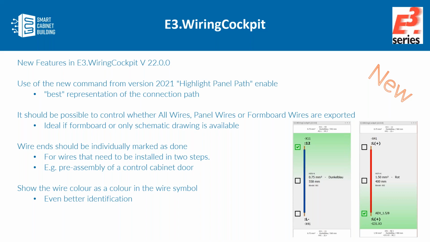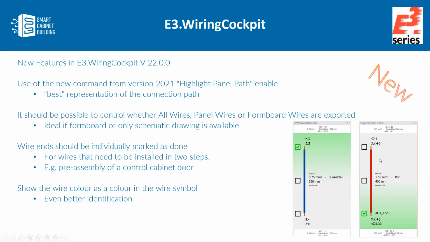Maybe there is a pre-assembly of, for example, a door of a control cabinet, and then maybe only the source or only the destination of the wire has to be wired in this step, because then the door is transported to the final assembly where it is married with the cabinet, and then just in this second step you have to do the other end.